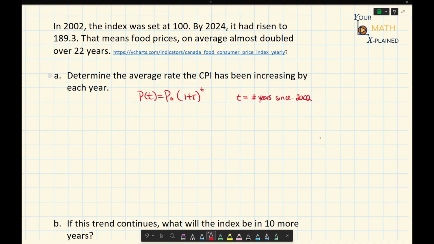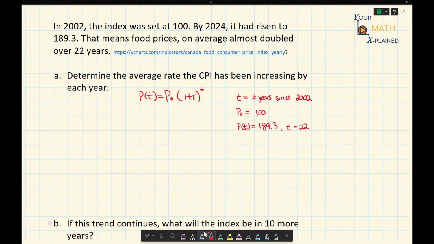So now we know that P0 is going to be equal to 100. And then we know that P of t is equal to 189.3, where t is equal to 22.